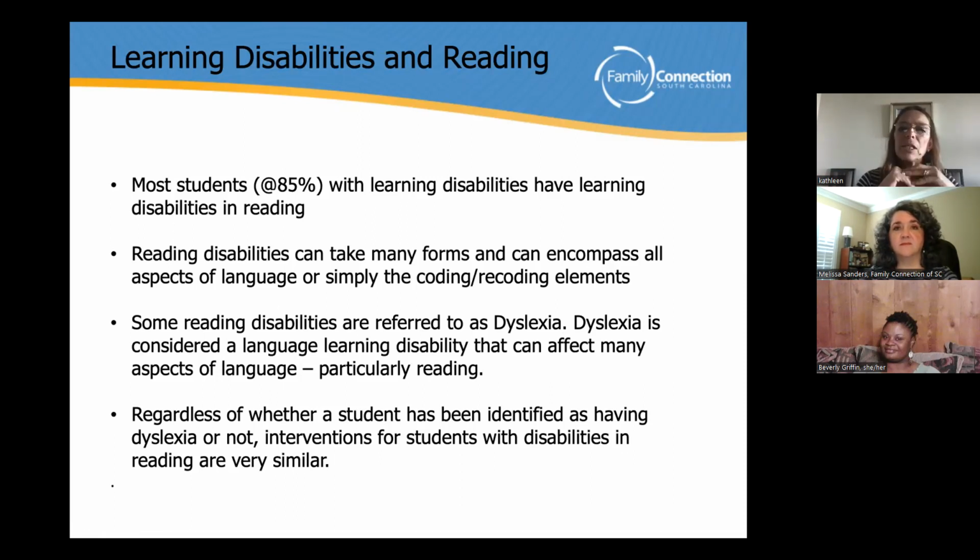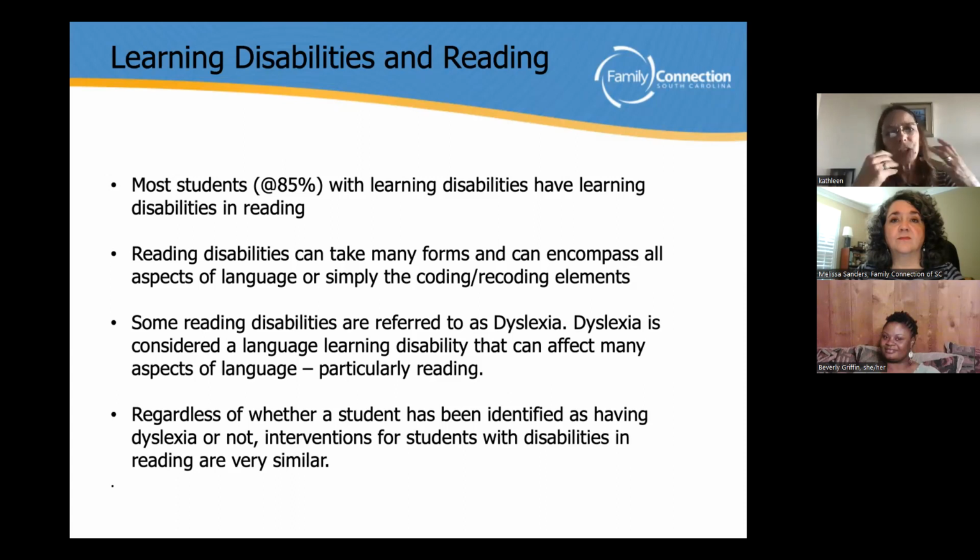So reading disabilities can take many forms, and it can encompass many different aspects of language. Some are referred to as dyslexia. And we're going to look at some of the definitions. You'll have time to look at them on your own, but we'll pull out what those common factors are that we see in every definition pretty much.